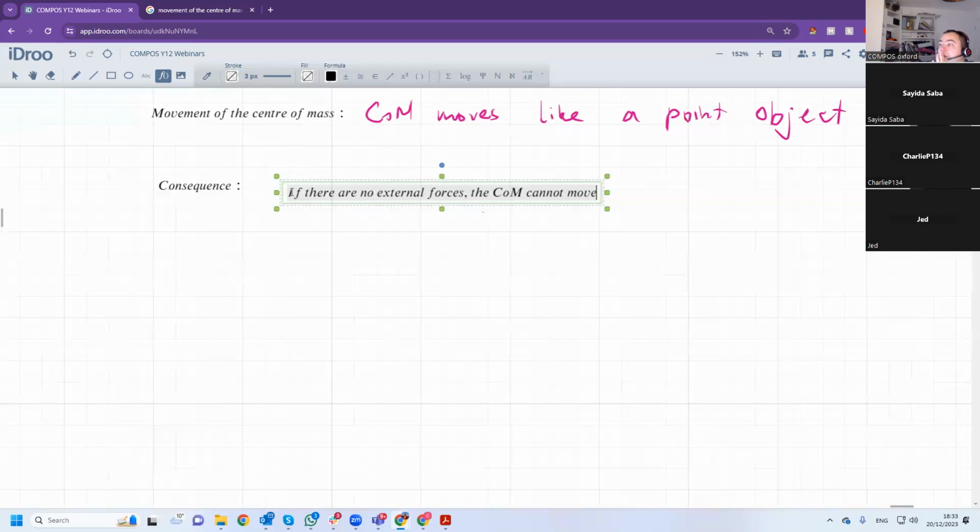And I would say this is a profound consequence. It's sort of Newton's third law as well. It includes Newton's third law inside it.